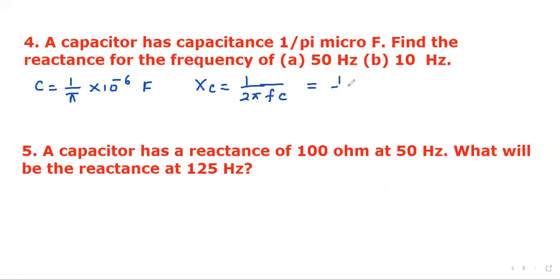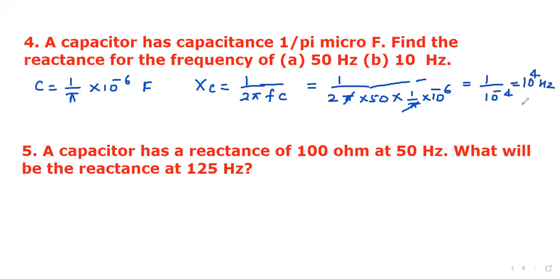We put the values: 1 upon 2 pi into frequency is 50 into C is 1 upon pi into 10 to the power minus 6. Pi will cancel out and this will become 100. So it will become 1 upon 10 to the power minus 4, which will give 10 power 4.